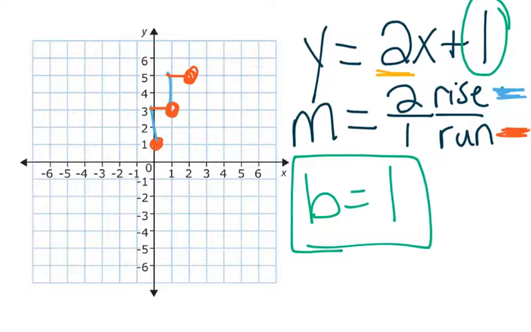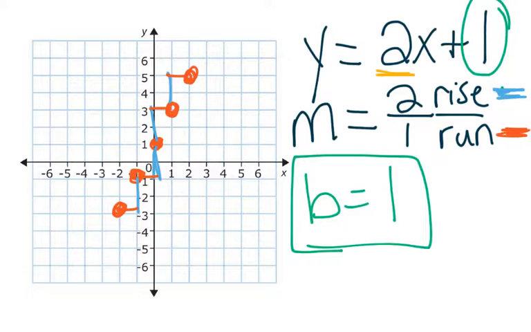I can go in the other direction where my line is going uphill. I can go in the other direction in a pattern of 2 and 1, and then a pattern of 2 and 1. Okay, so that's my rise and my run.